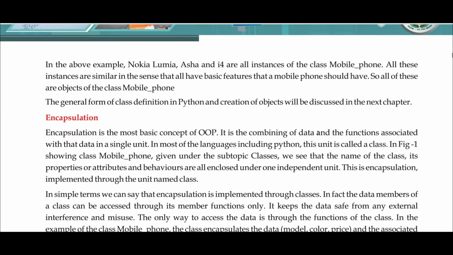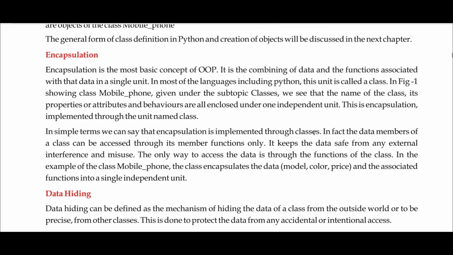So this is what the actual encapsulation is. Basically it creates an independent unit in itself, that is, a class is an independent unit. So whenever you have to write the definition of encapsulation, just write wrapping up of data and functions associated with that data in a single unit.